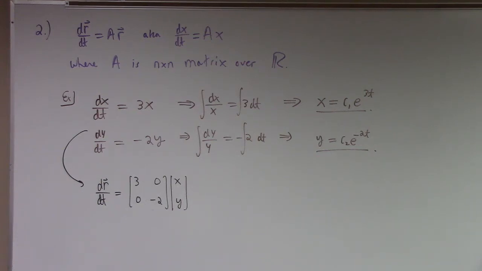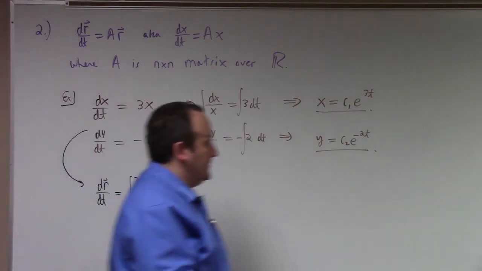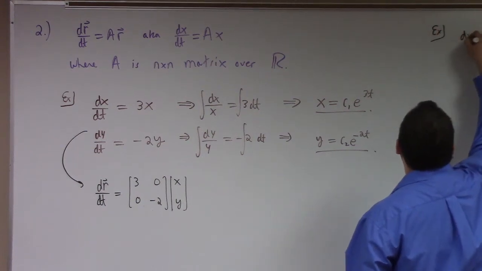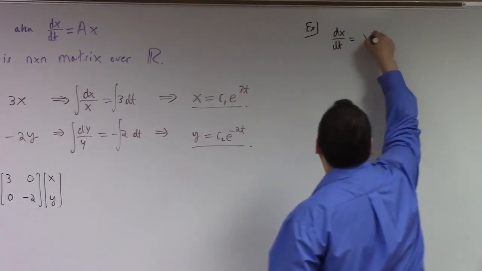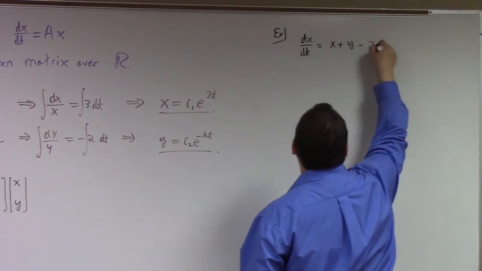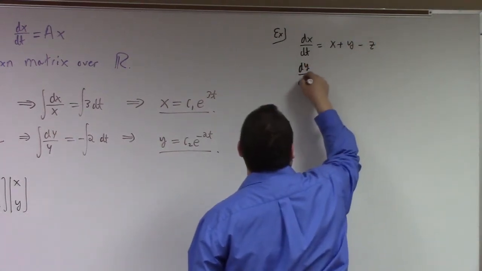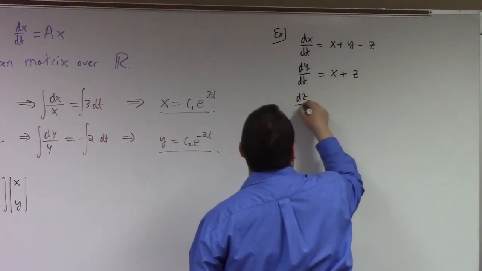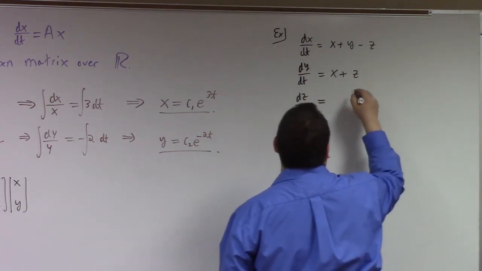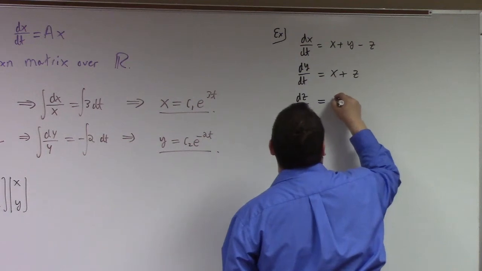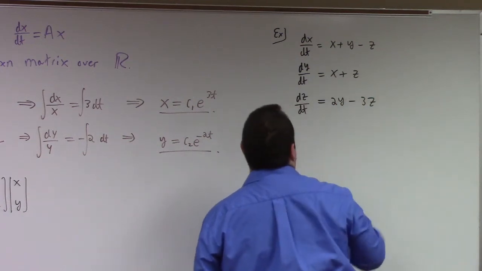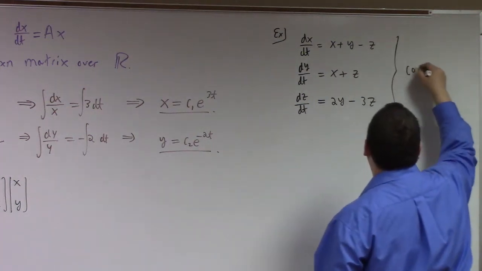But what about when the differential equations are more tangled? So what if you had something like dx/dt = x + y - z, and dy/dt = x + z, and dz/dt = 2y - 3z, something like that, right? Then these are coupled.